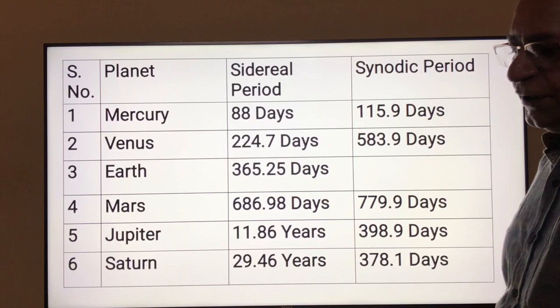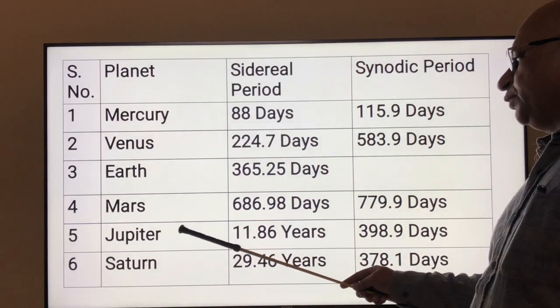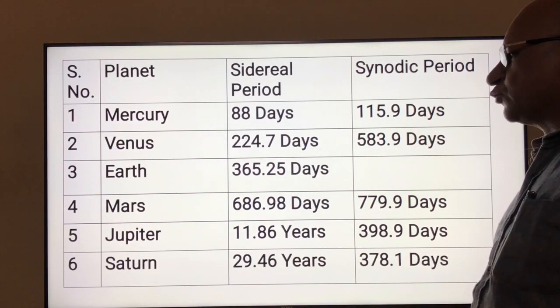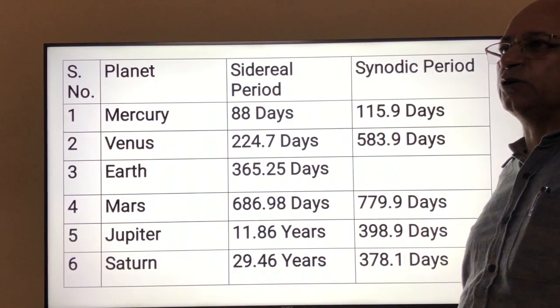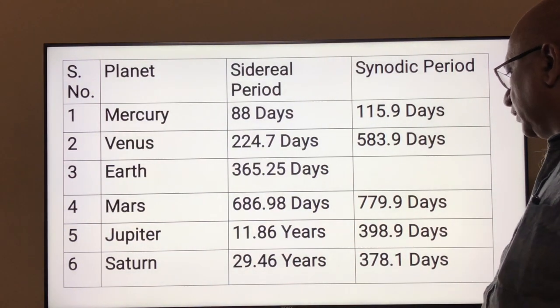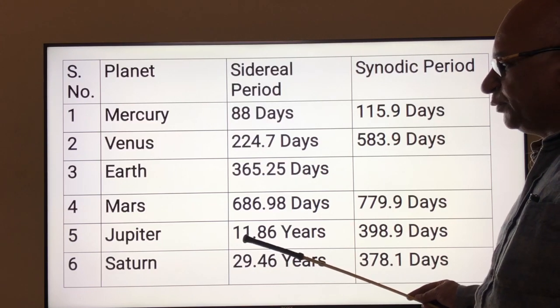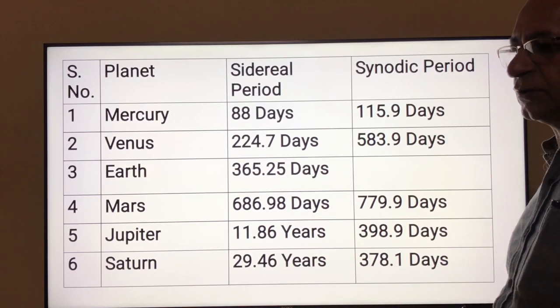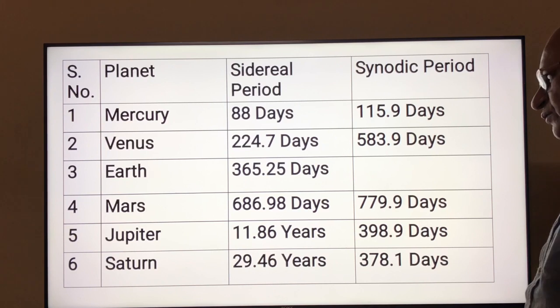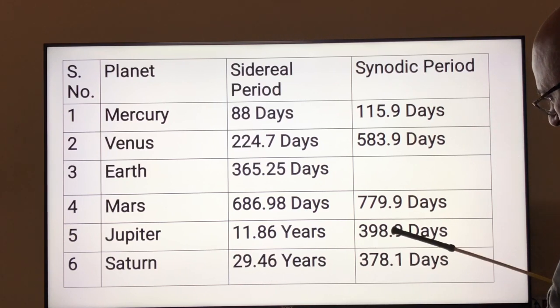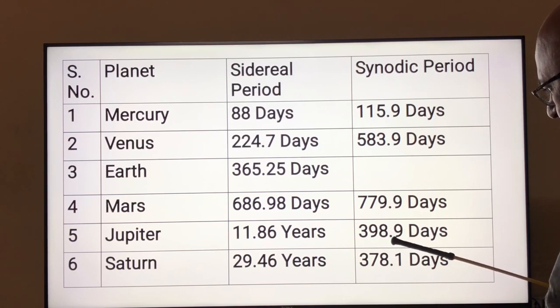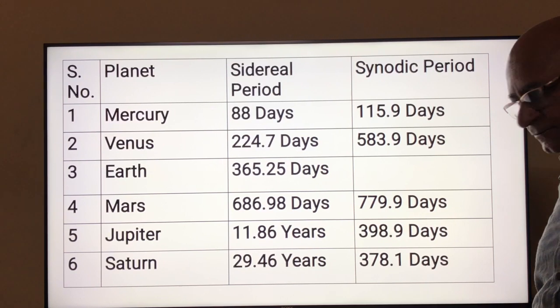Jupiter, its sidereal time is 11.86 years. It means Jupiter takes around 12 years to complete one revolution around the sun. It clearly indicates that Jupiter remains in one sign for 1 year, because we have 12 signs, and its synodic time is 398.9 days.